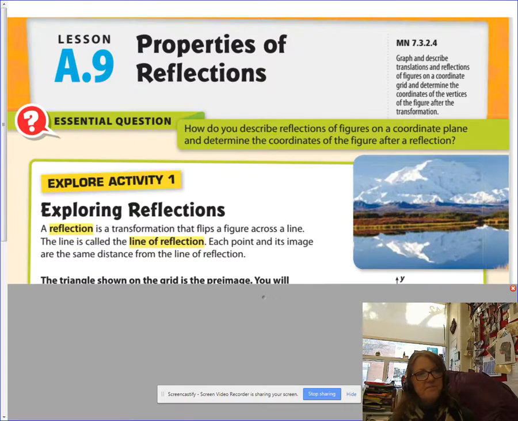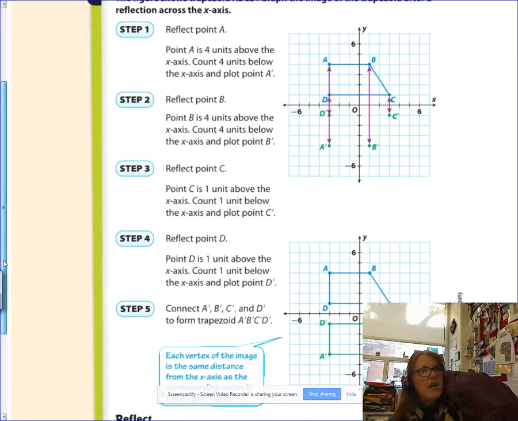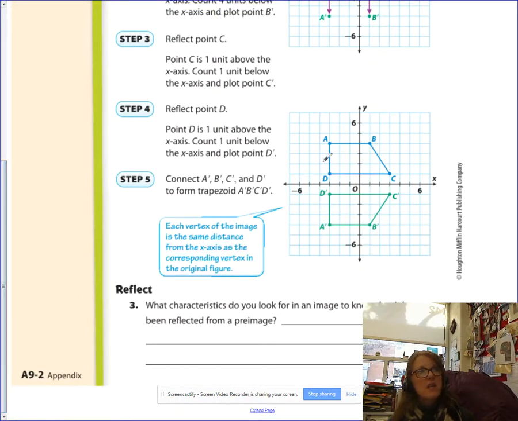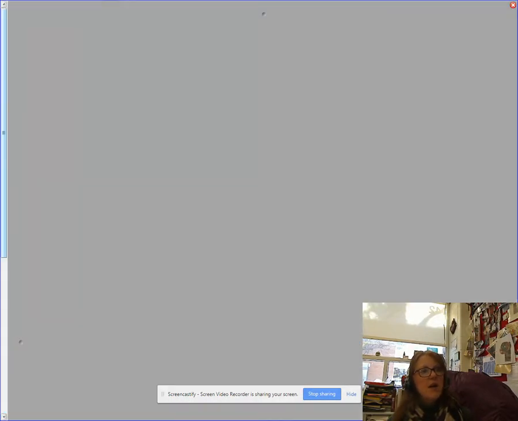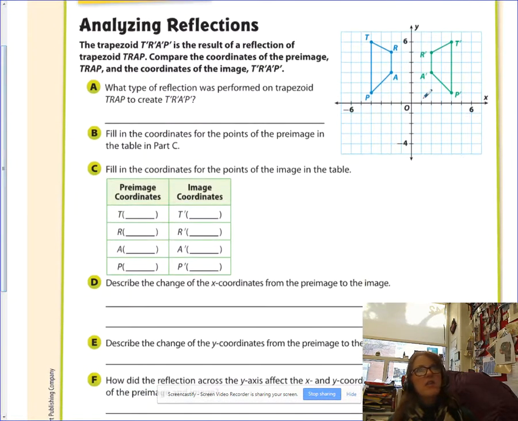Okay. All right. You can look at some of these examples that they gave you here. But what I want you to do now is start looking at the coordinates, see how it's flipped and see what's happening to the coordinates. So we're looking at the numbers this time.